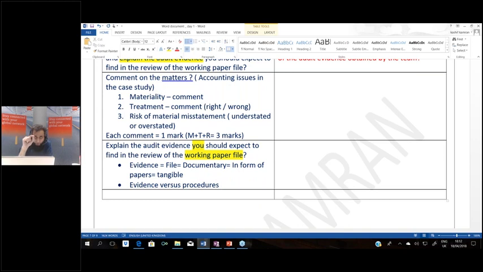So review the board minutes is a procedure. But by writing a procedure, review the board minutes, I got an evidence. What evidence? Board minutes. Board minutes was the evidence, because board minutes is a paper. But what I did, I reviewed the board minutes. So if I say review the board minutes, it becomes a procedure. But if I say board minutes, that becomes evidence.